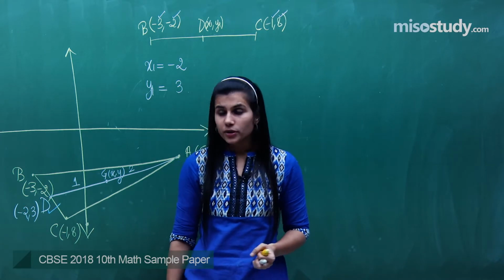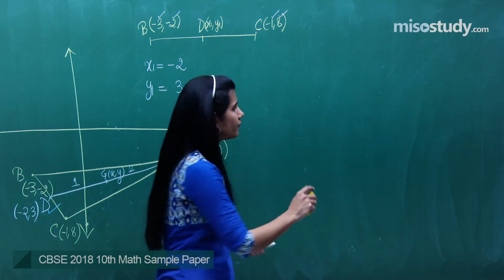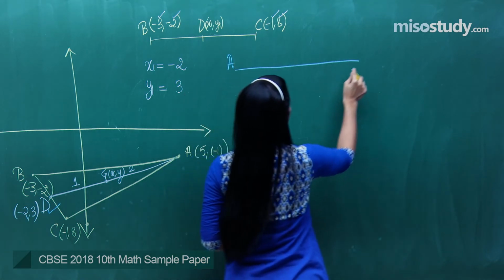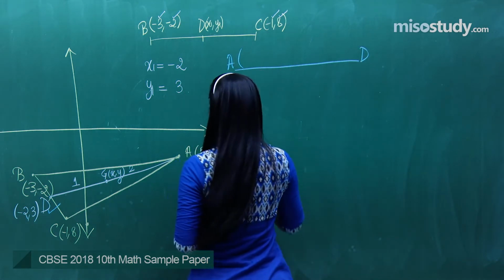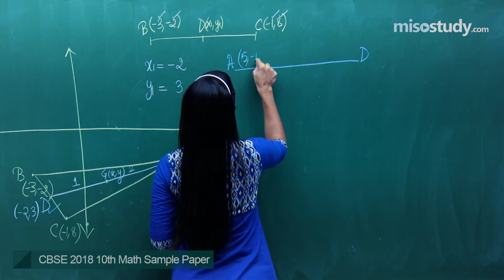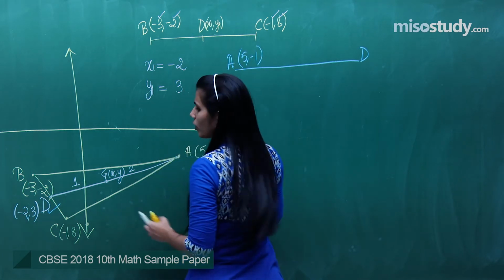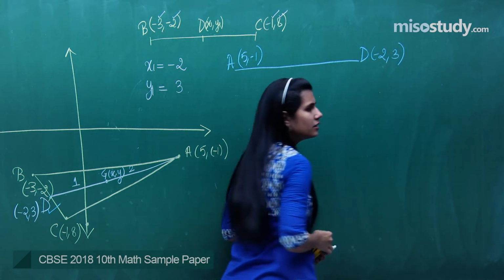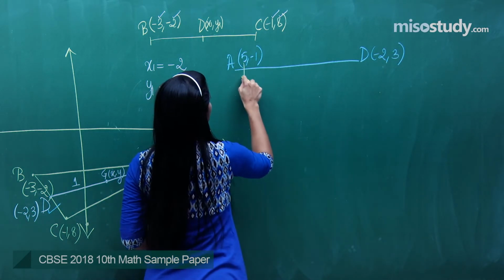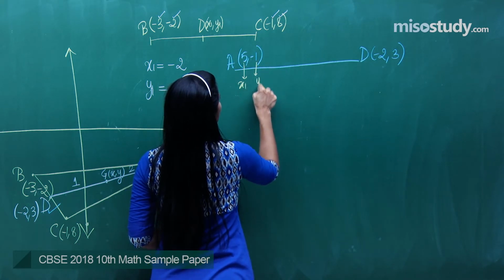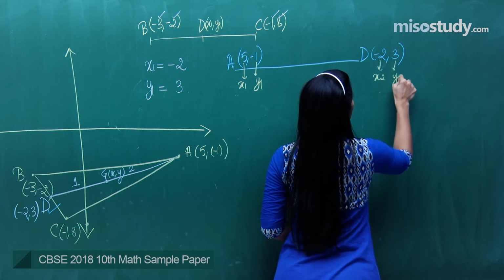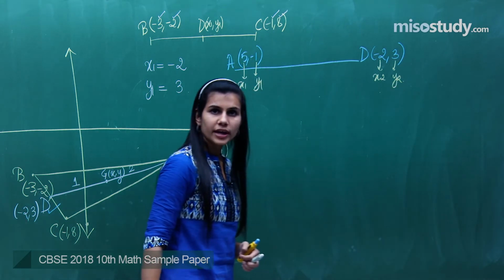By the distance formula. Yes, if you wish to find out the length of AD, the coordinates of A are 5, -1, and the coordinates of D are -2, 3. Just treat this as x1, y1 and treat this as x2, y2. Okay?